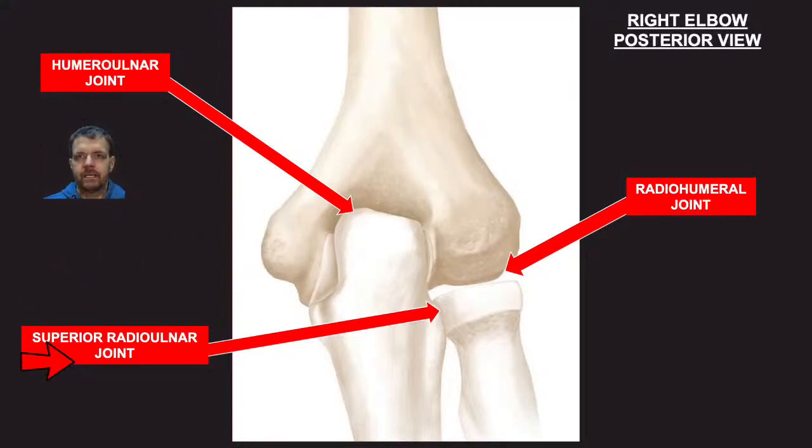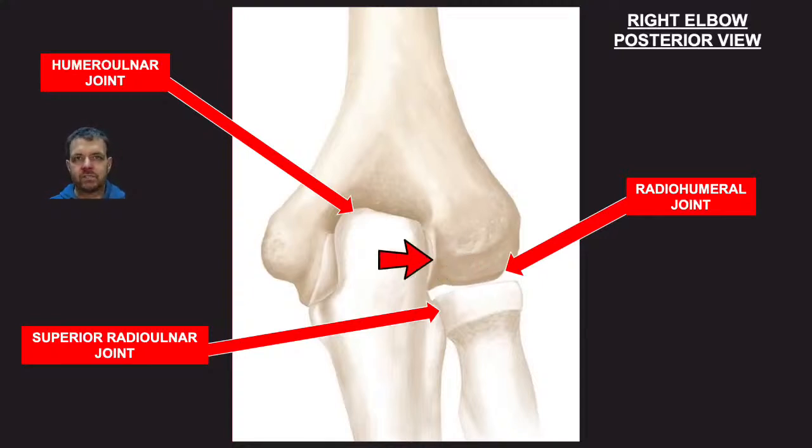All right, here's your superior radio-ulnar joint. Okay, so just in there, that bit there, and then the radiohumeral joint is that bit there. Okay, so if there was a restriction in this joint here, or an injury to it, or there's some kind of pathology, then a restriction here could affect the movement available at the radiohumeral joint as well.